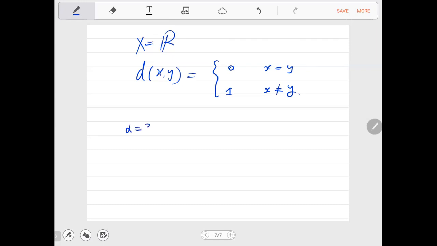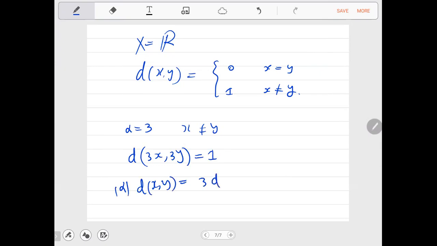For example, if alpha is equal to 3, and x is not equal to y, then the distance between 3x and 3y is equal to 1. But alpha times dxy is equal to 3 times dxy, which is equal to 3.